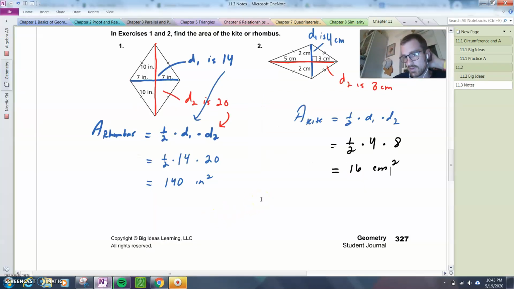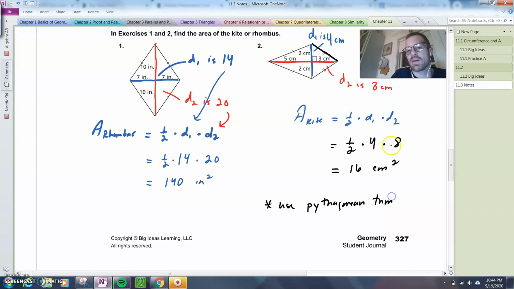So that's just the 2 examples of a diagonal. You are going to run into some stuff, though, where you might not know the diagonal. You might know this side. And so just be aware that you might have to use the Pythagorean theorem to find diagonals.